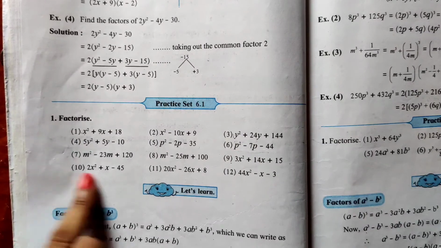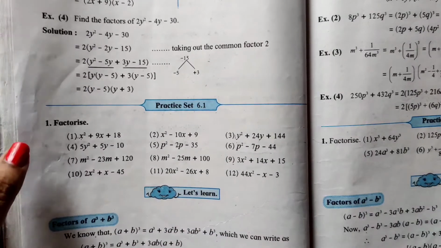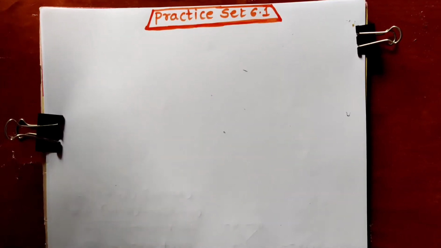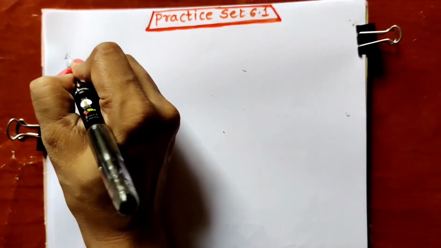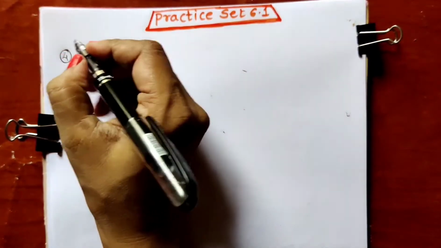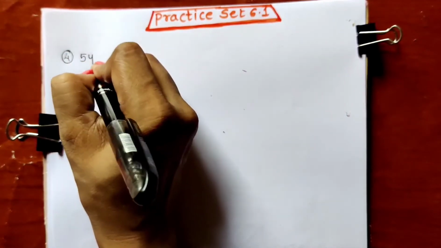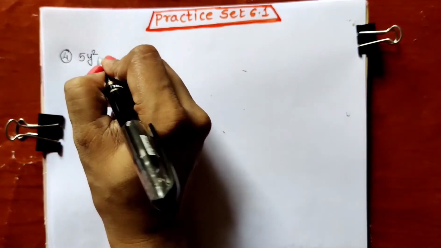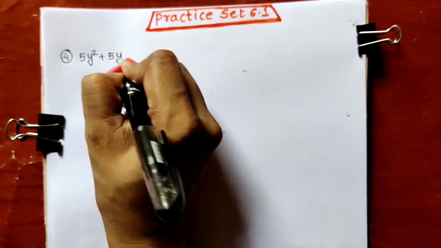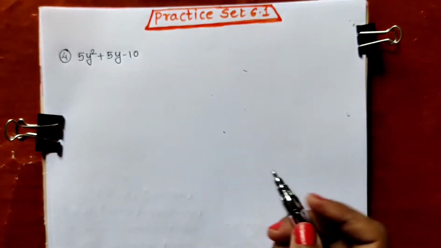Then we will solve 10, 11 and 12. 5y square plus 5y minus 10.